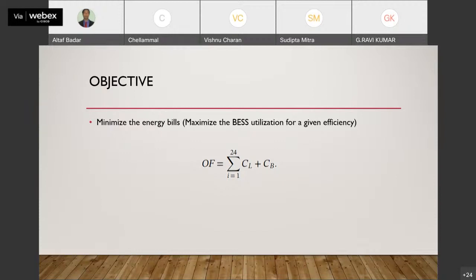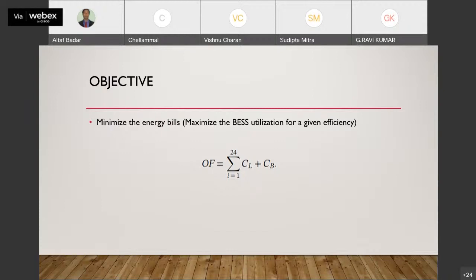So if I charge the battery, the value of CB will be positive. But if the battery is supplying the load, then the value of CB would be negative. That will help me reduce the costing. Thank you, sir. Right. So we will see. There are some more slides, I think, so then the concept would be very much clear.